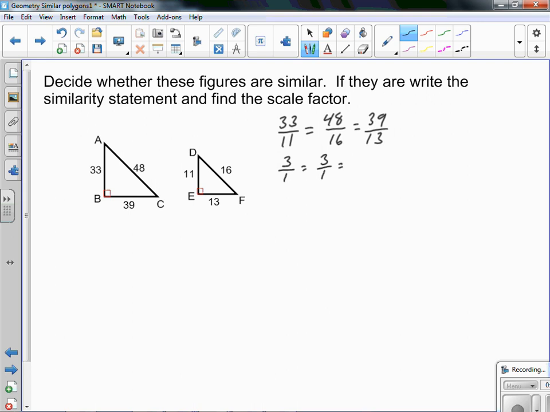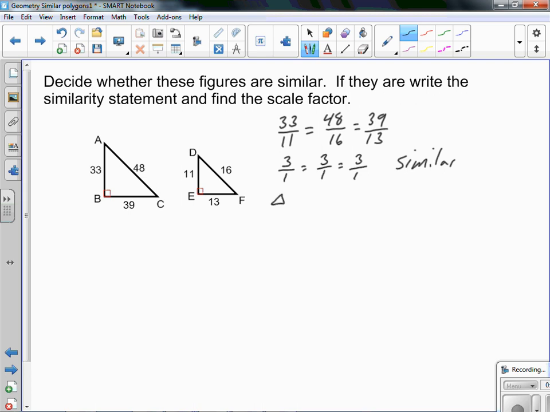And then 39 over 13. 13 times 3 would be 39, so that one reduces to 3 over 1 as well. So since all 3 of those are the same, then we know that these are similar triangles.